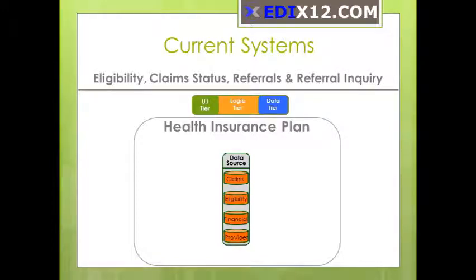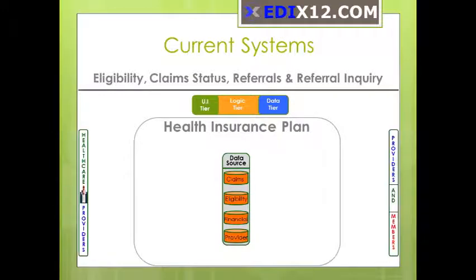In this view, let's assume an eligibility inquiry is requested by the member or provider. You will see providers on the left side, and on the right side there are providers and members. They both need information which is saved in the data source.